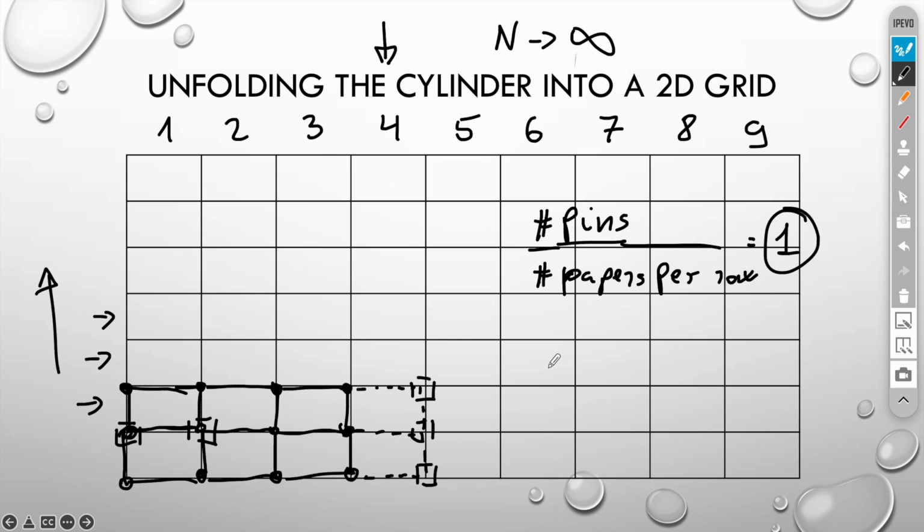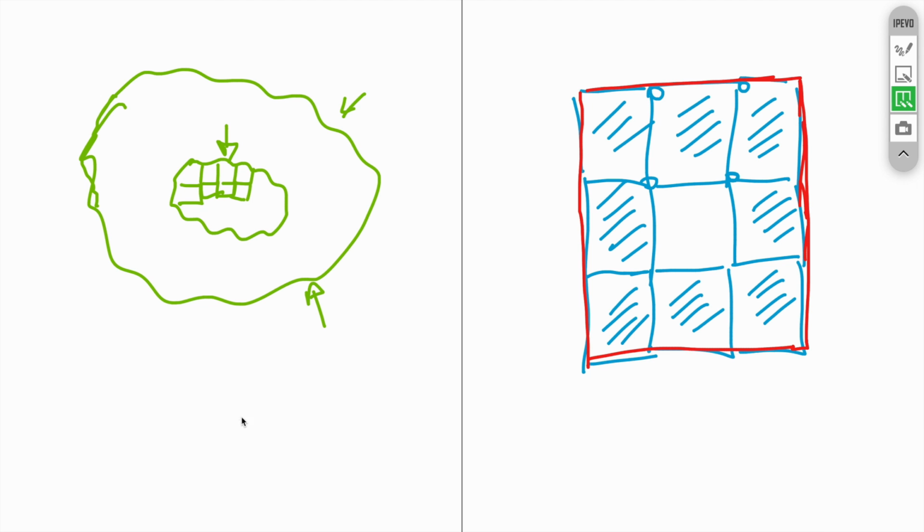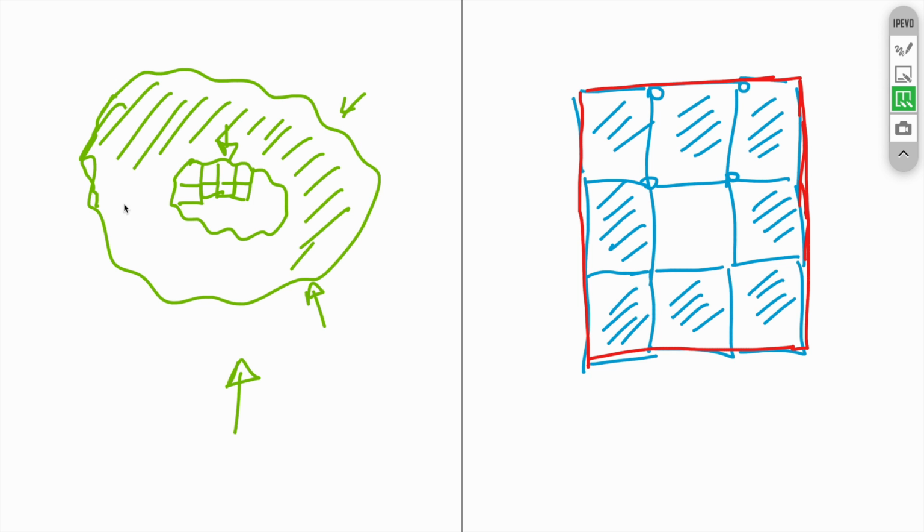You cannot do better. To avoid ambiguities, I need to define what I mean by conquering a space. On this left side, all this is a collection of papers that have been stuck together and comprising this area.